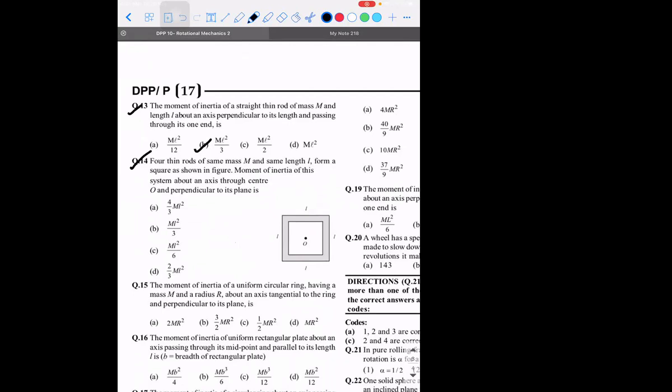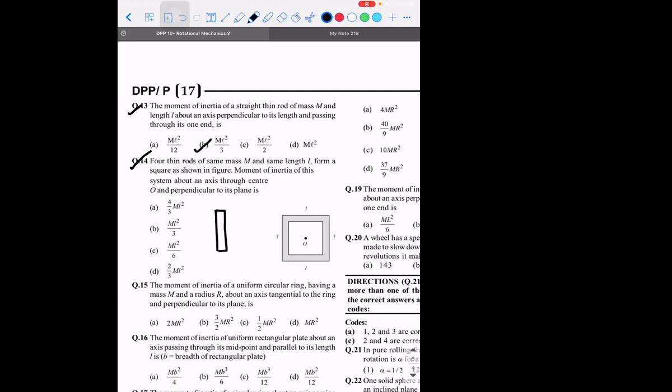Can you guys tell me how to do this? See, if I take only one rod, are you guys there?